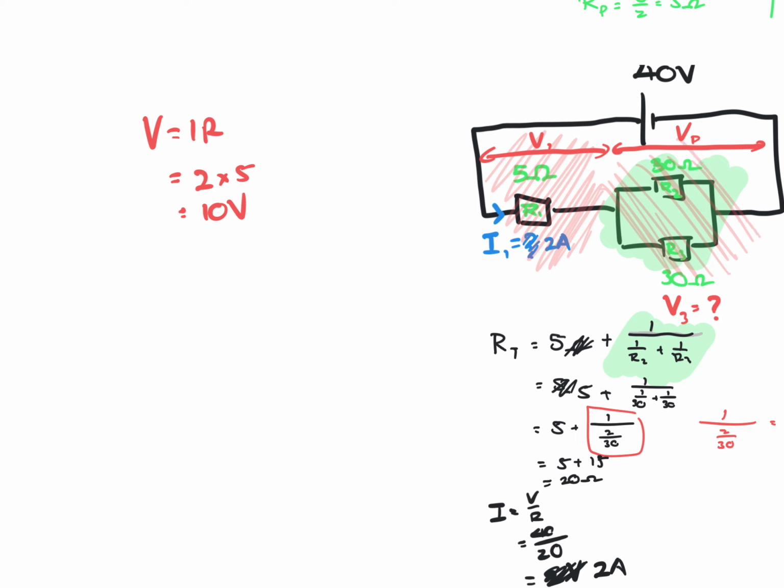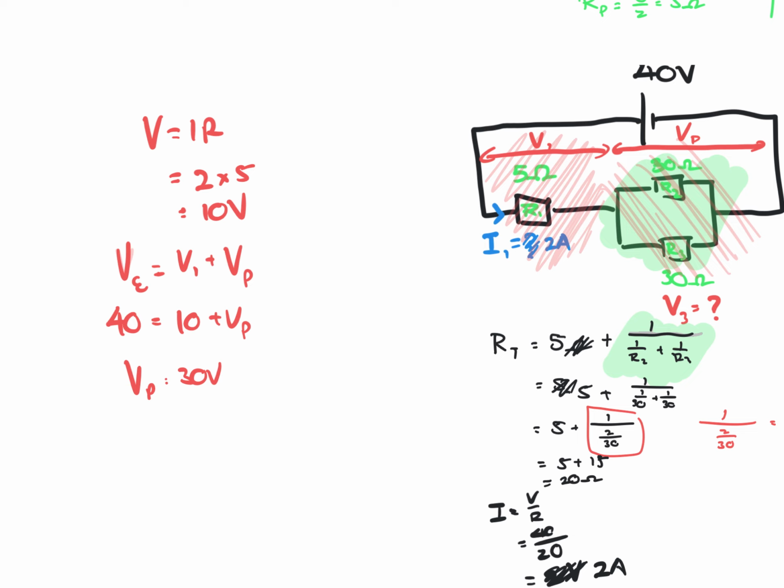Well, I do know that VE equals V1 plus Vp. My VE, my total, is 40 volts. I just found that V1 is 10. So that tells me that Vp equals 30 volts. All right, so that is my answer.